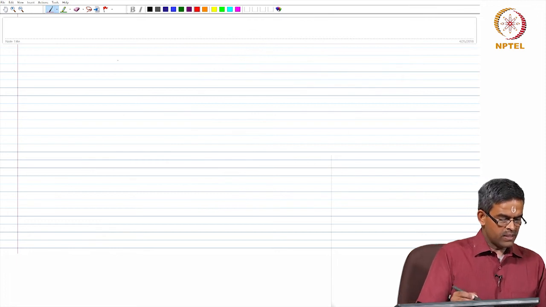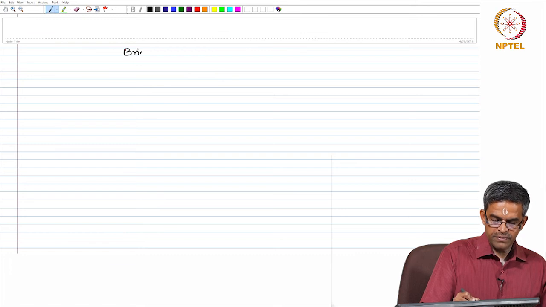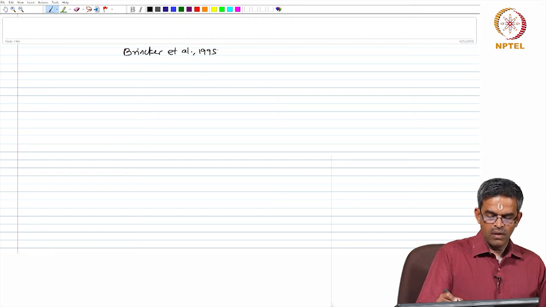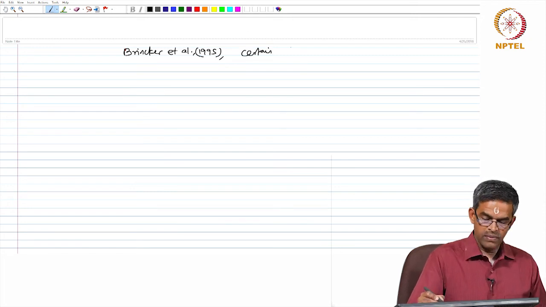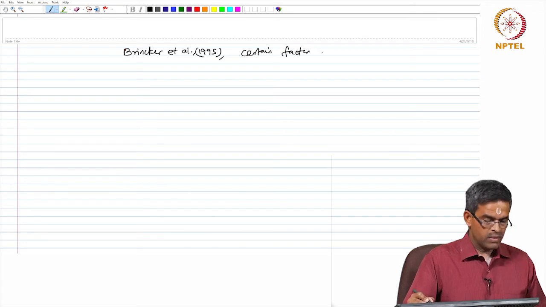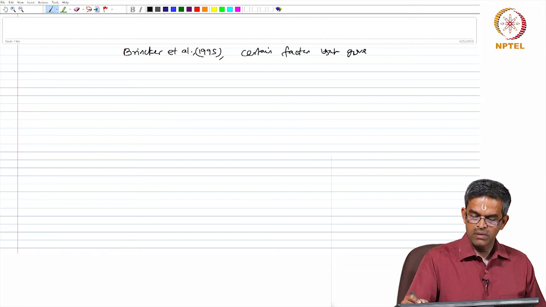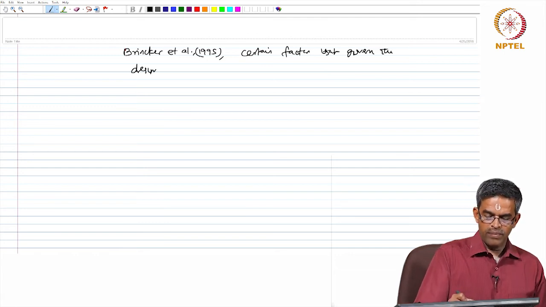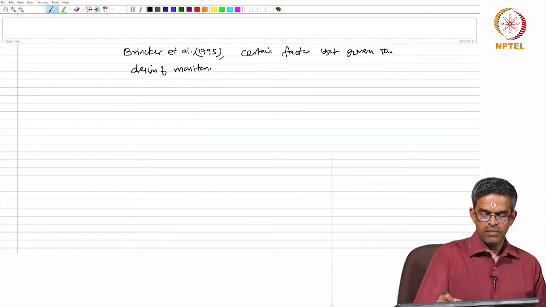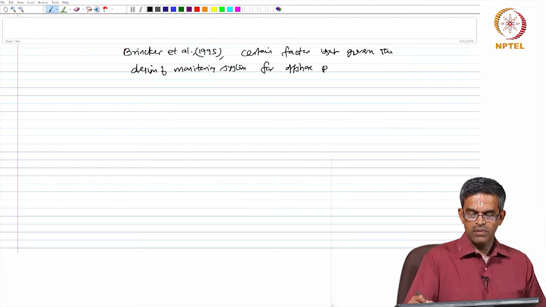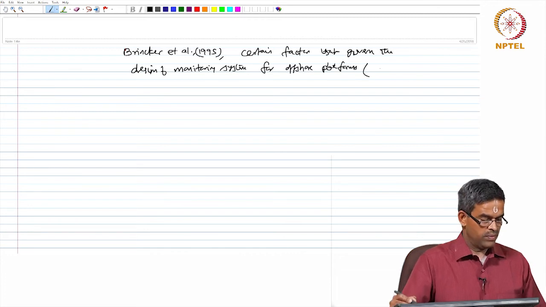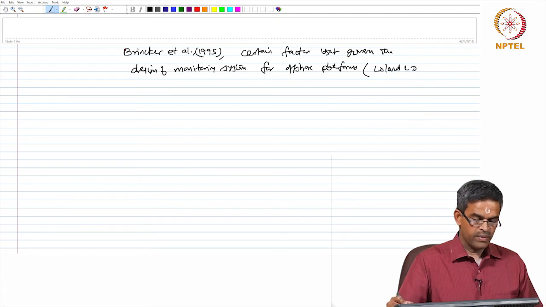So, now as suggested by Brinker et al., there are certain factors that govern the design of monitoring system for offshore platforms, Lowland and Dodds, 1976.